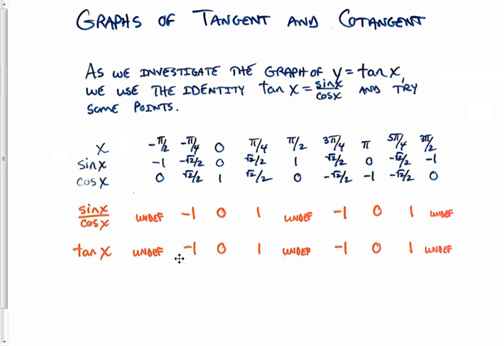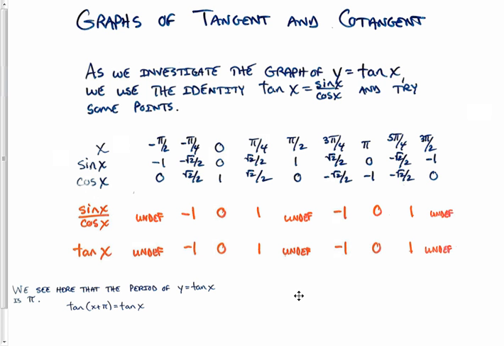And I got these results, which of course is the same as the tangent of these x values. And so if I use these x values, then when I'm graphing y equals tangent of x, these are my y values. And of course we clearly see that some of these y values are undefined. Now, also notice that the distance between these undefined values and the y values between the undefined values are repetitive: negative 1, 0, 1, negative 1, 0, 1.